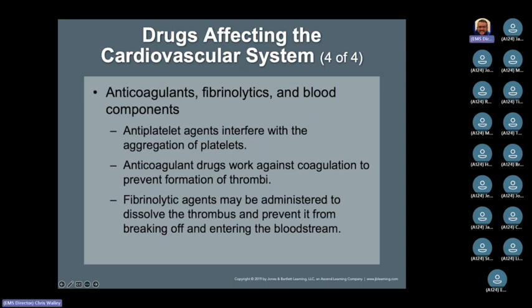Some fibrinolytic agents may be administered to dissolve those thrombi to prevent them from breaking off and entering your regular bloodstream. This promotes the digestion of fibrin, the protein involved in forming a blood clot itself. Use in the pre-hospital setting remains very controversial. I know there are some studies going on in some of your larger cities that have closer ambulances and closer hospitals.